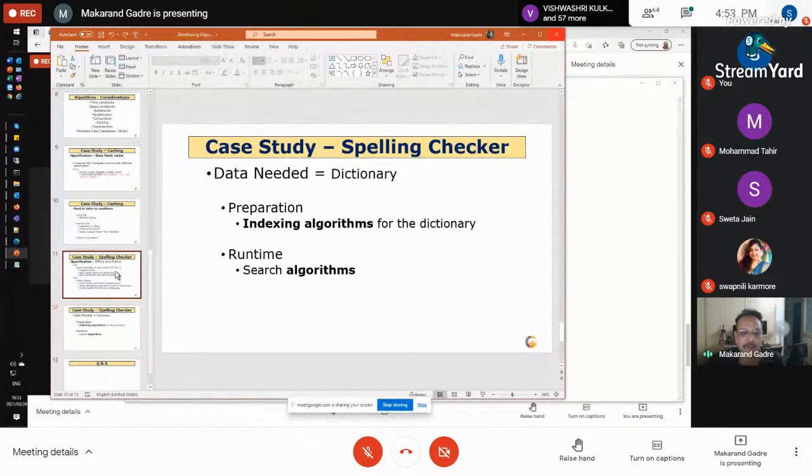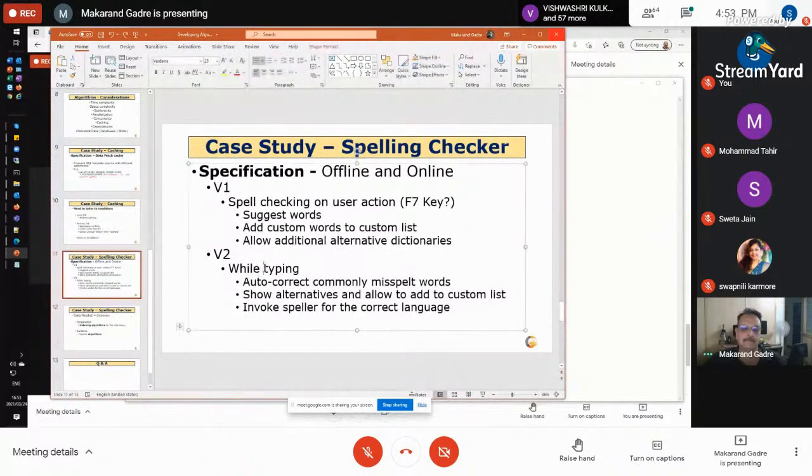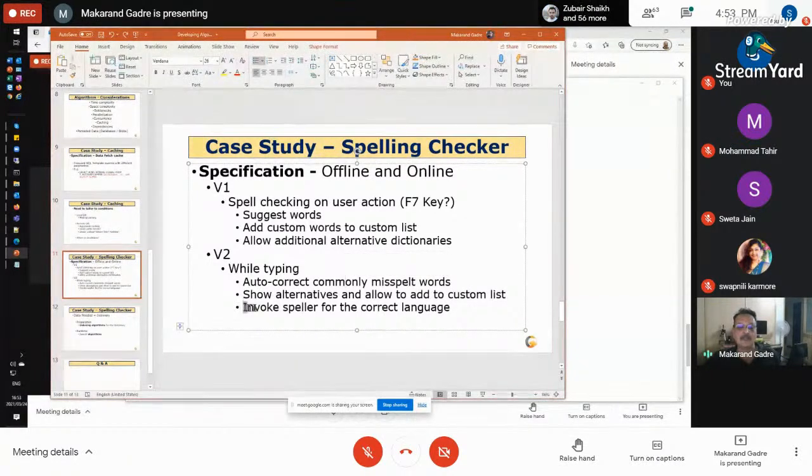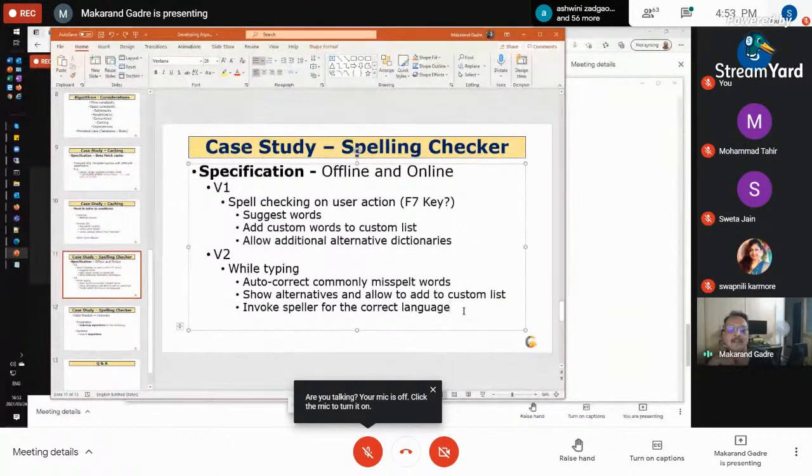And then the V2 specifications, they do this while typing. While typing, now you see in Word, right? As you type, it immediately starts putting the red wiggly line under. And then the last one was, I start typing in English and suddenly change my keyboard to Hindi and start typing in Hindi. It should pick up the correct language and apply the correct speller.